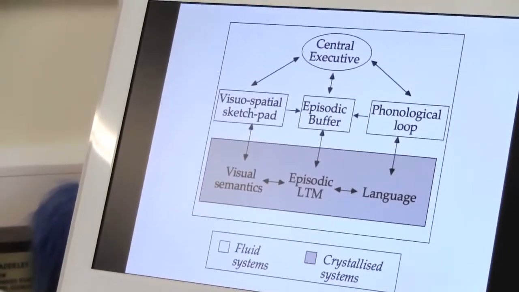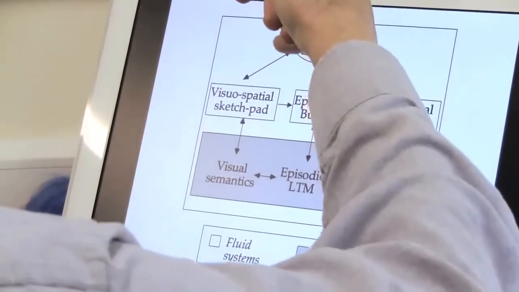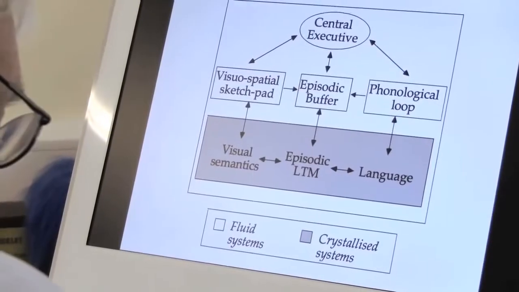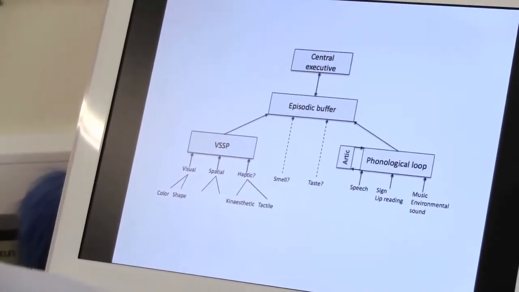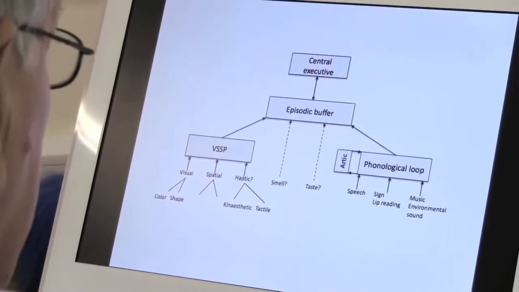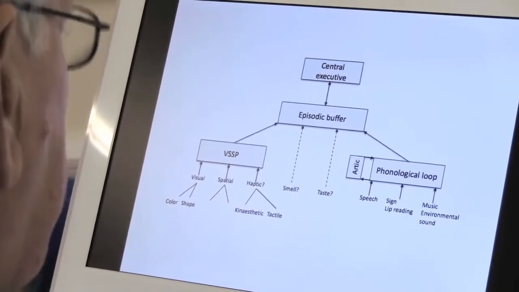When we did that, we found that we did need to have further links and that blocking the central executive didn't interfere with the operation of the buffer per se. That caused us to rethink the way in which working memory is put together, not basically, but to elaborate it somewhat.